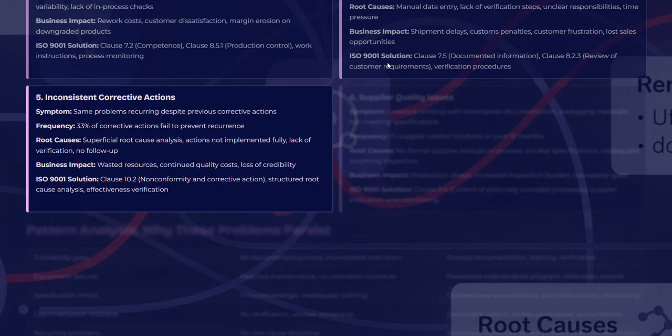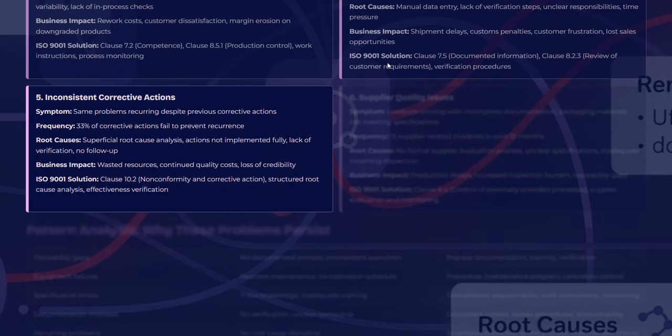Fifth problem here, we have inconsistent corrective actions. The obvious symptom: same problems recurring despite previous corrective action. Frequency, 33% of corrective actions fail to prevent recurrence.